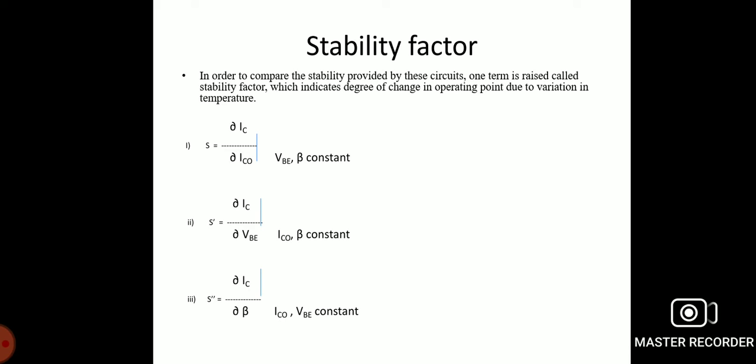So these are the three different conditions we have to examine to justify the stability factor of the BJT circuits. Now we can move to the equations of the stability factors S, S dash and S double dash.